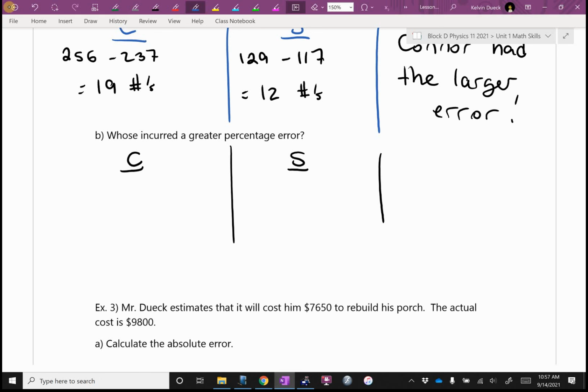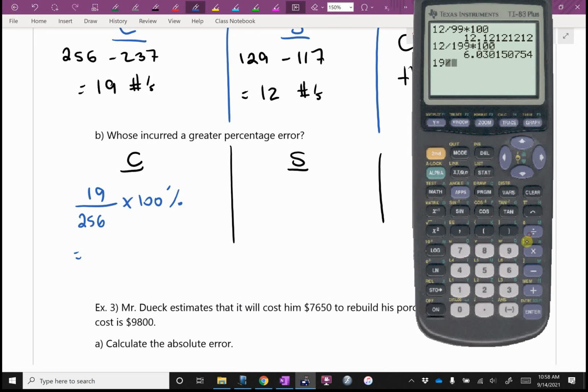I'll give you a hint. It's going to be 19 divided by something. What do I divide by? Yeah, the correct value. Is the correct value 256? And then times 100 to convert it into a percentage.